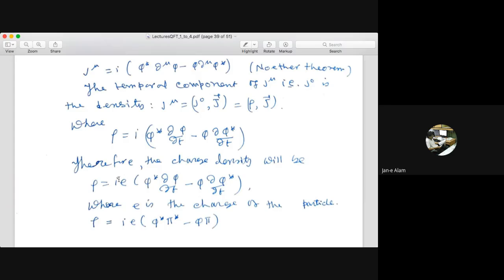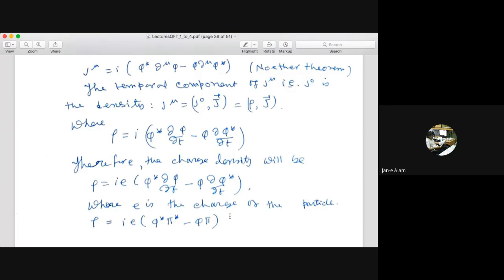Then if I multiply that by the electric charge, say the particles phi and phi star have some electric charge, then this becomes the charge density. So please note, rho, which I got from the Noether current, multiplied by E, is the charge density.